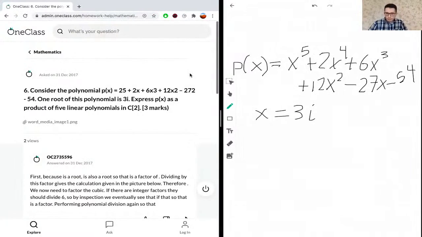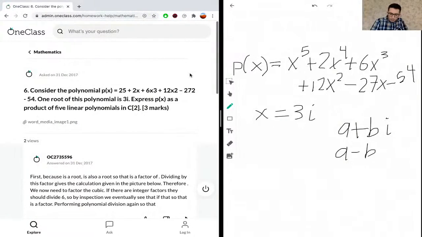So knowing this, because we have an imaginary root, we can also say that the conjugate is also a root. So whenever we have an imaginary root, we know that the conjugate is also a root. Imaginary roots are always expressed in this format, a plus bi, and then the conjugate is always a minus bi.